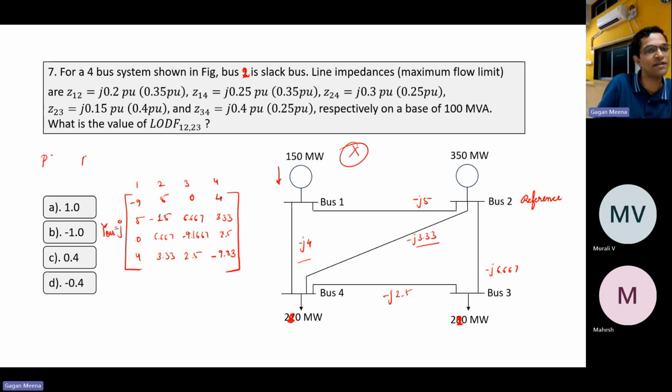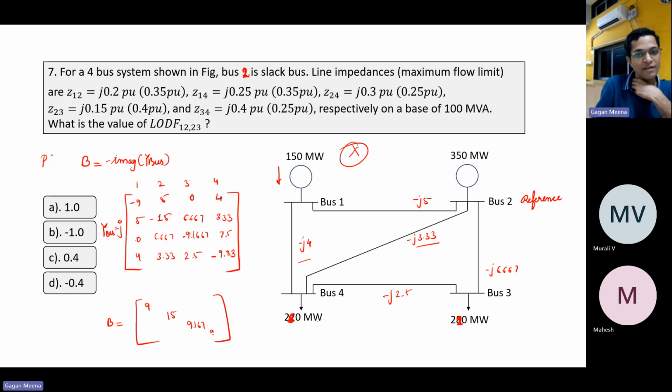And for that B inverse, we know that B is minus times the imaginary part of Y bus. Last time we had also discussed this. While it is not the same as the Y bus, we have to multiply it with the minus. So B will be this, remove J and multiply it by minus. So all the diagonal elements will become positive and the off diagonal will become negative.